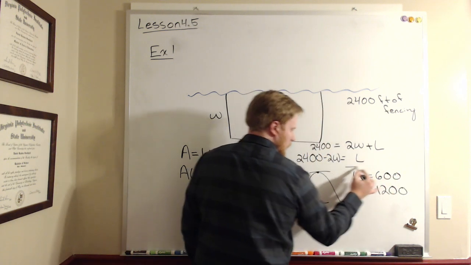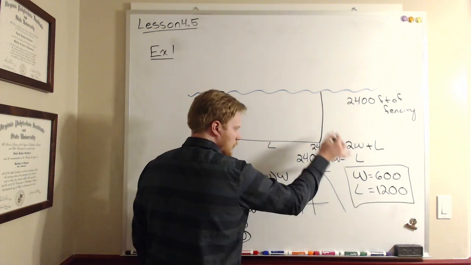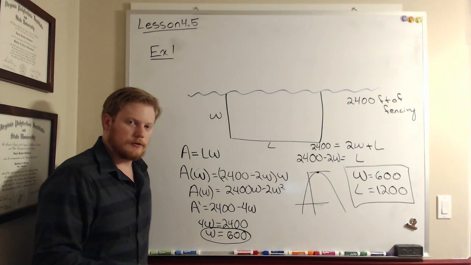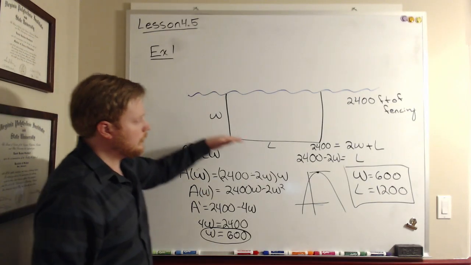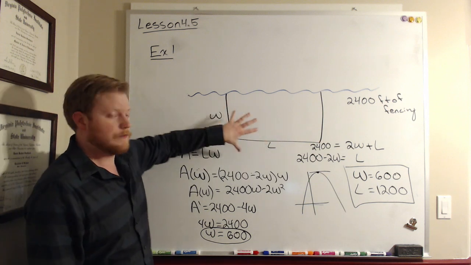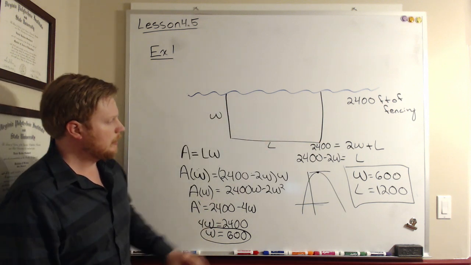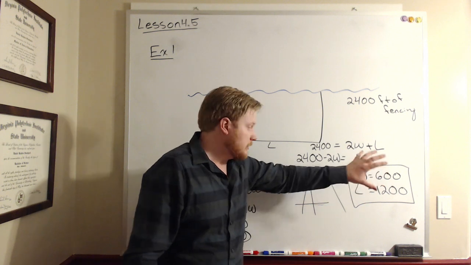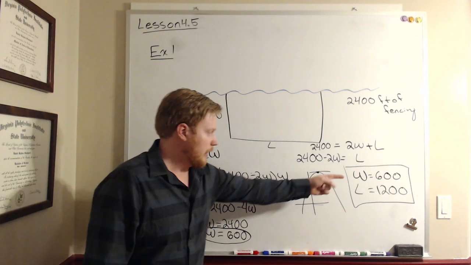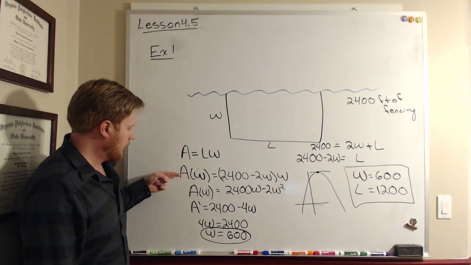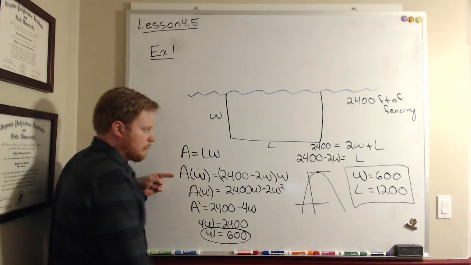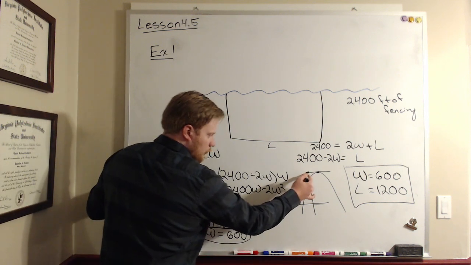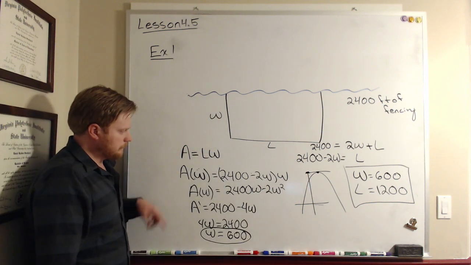So that's my answer. The question was, what are the dimensions of the fence that give me the maximum area? Those are the dimensions that give me the maximum area. If I wanted to solve for the maximum area, I could simply take my W and plug it back into here, and it would tell me what range value I get out of this function.